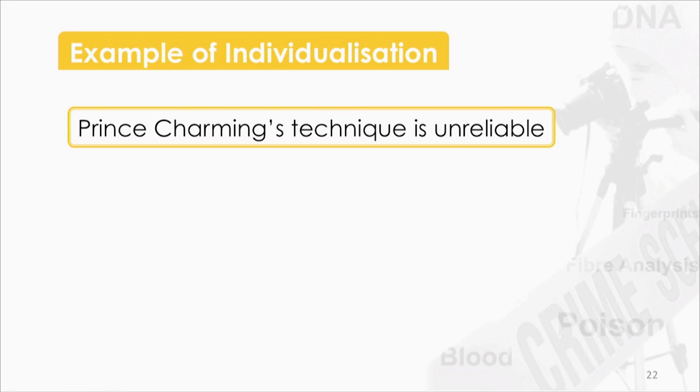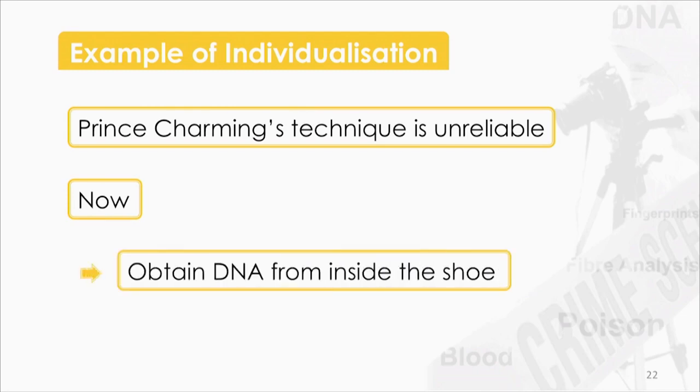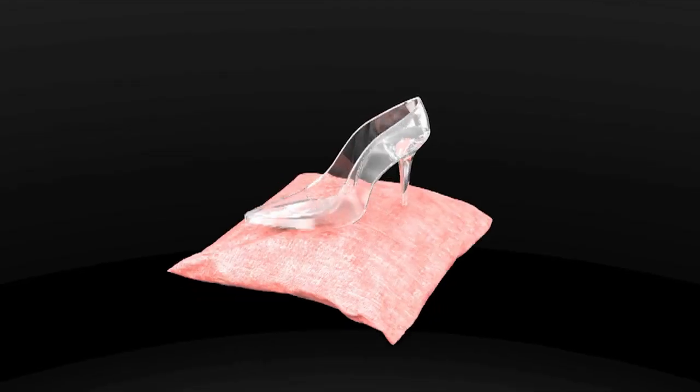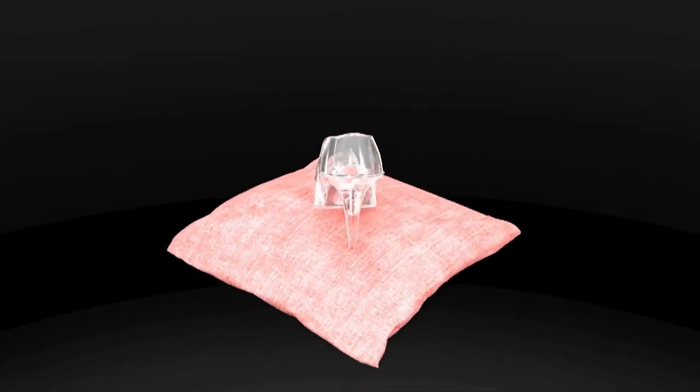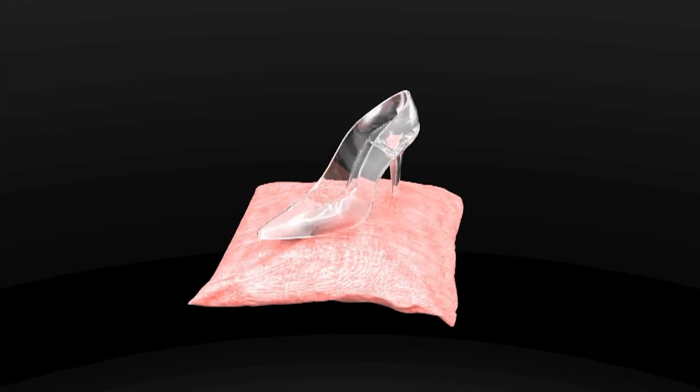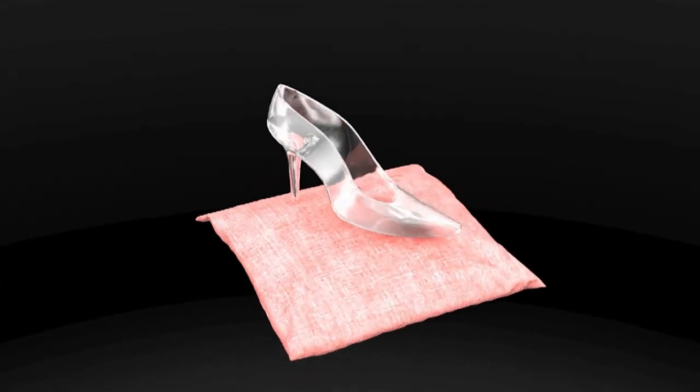And nowadays, of course, if you wanted to know who that shoe would belong to, you would try and get some DNA from the inside of the shoe and do a match in that way. But of course that technology wasn't available to the prince. So there is an example of individualization of an object. The shoe left at the ball being individualized to be the shoe that belongs to Cinderella.